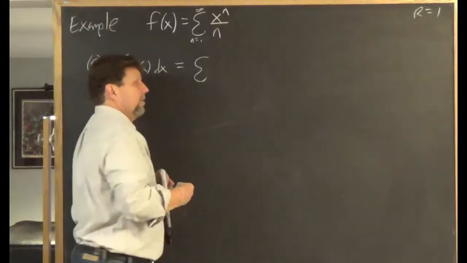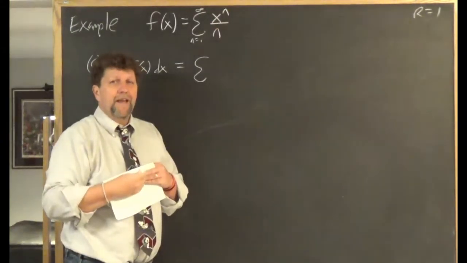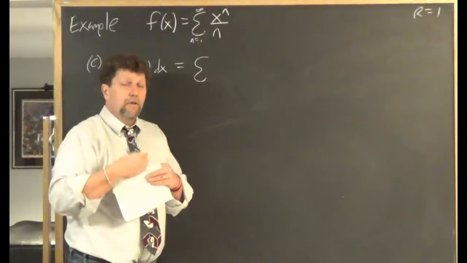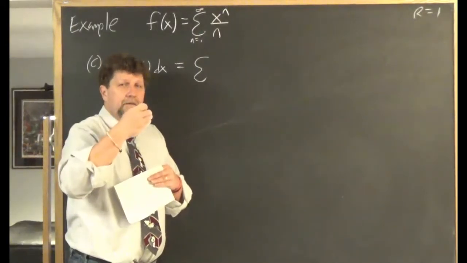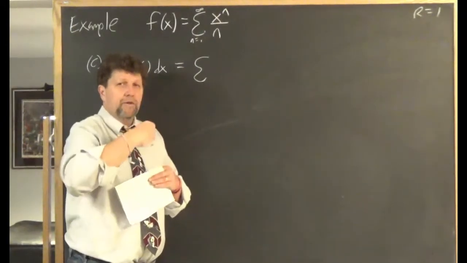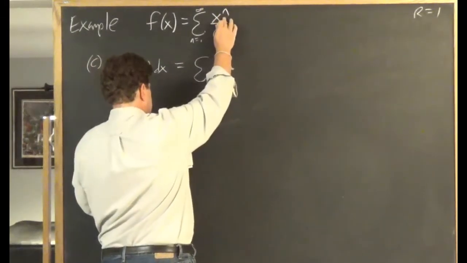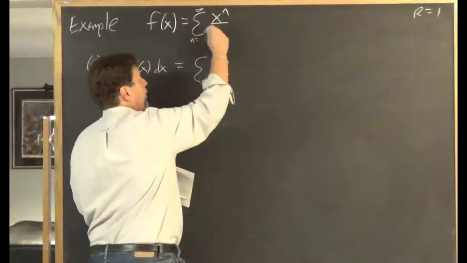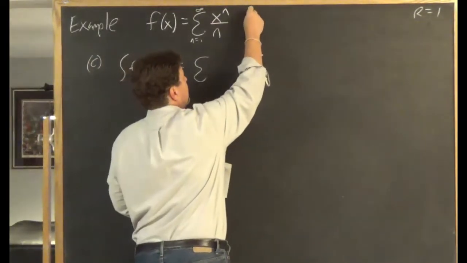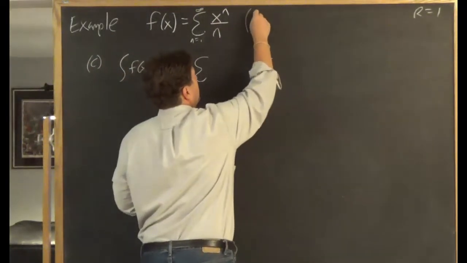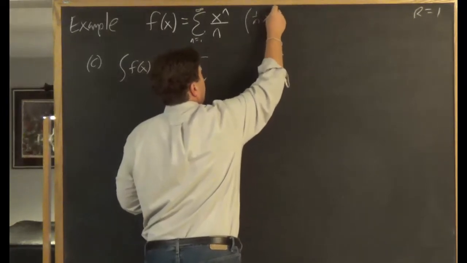X to the n. When you do the antiderivative of x to the n, you add 1 to the exponent and then put the reciprocal of the new exponent out front. So when you integrate this x to the n, if it helps you, you can see this as a 1 over n times x to the n.